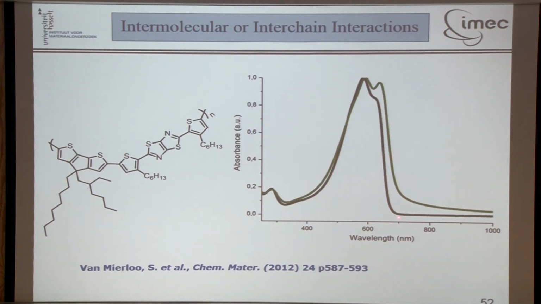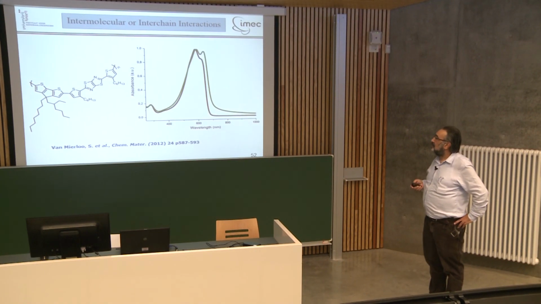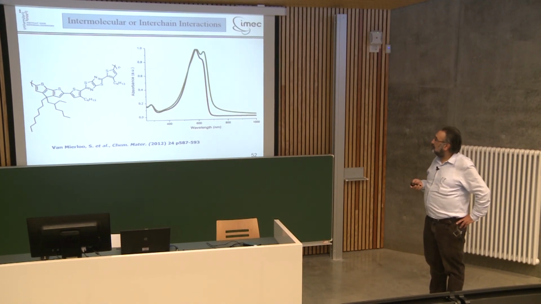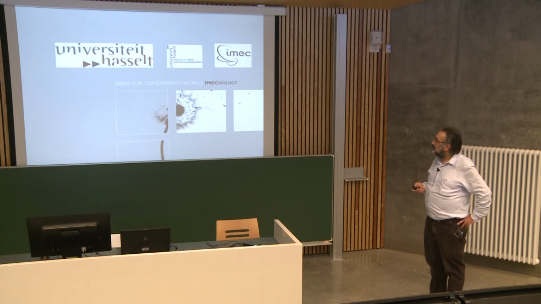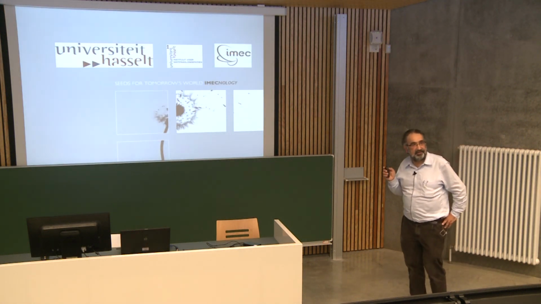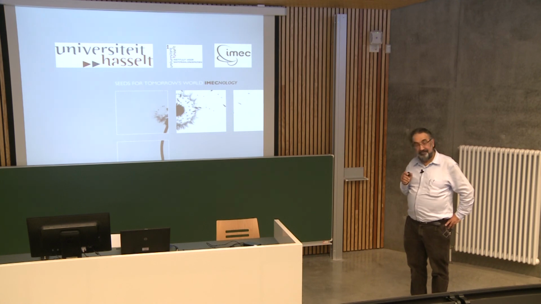This is in the solid state, and you see a shift to higher wavelengths. So actually, we could say a reduction of the band gap. Okay, that's dangerous to say, but actually this shift is a result of deviation from one-dimensionality. So in that way, it occurs in the type of conjugated polymers that we are discussing. Okay, and that's the end of the first lecture.